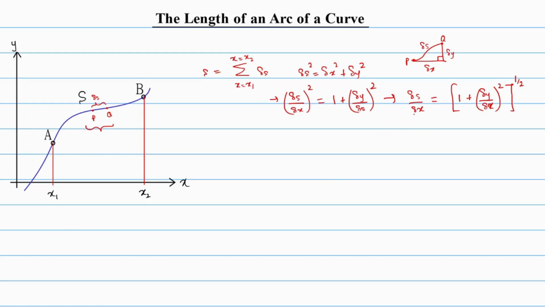And then we just simply take this delta X to the opposite side to get delta S equals 1 plus (delta Y over delta X) squared, the entire thing raised to the power half, times delta X.